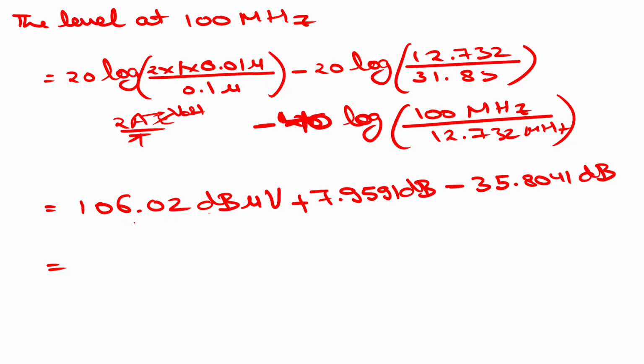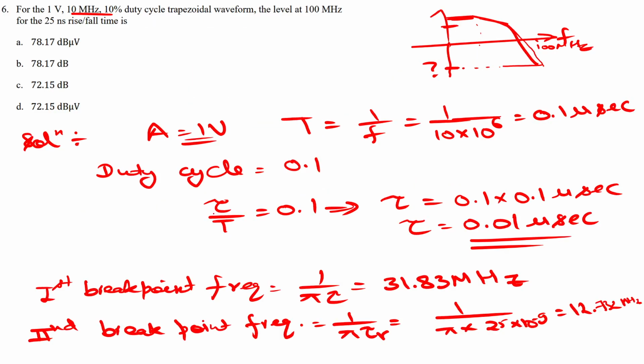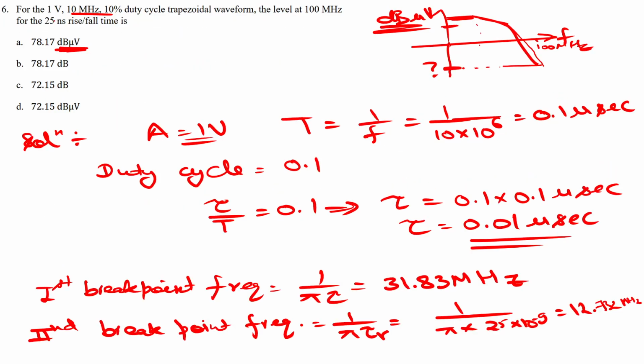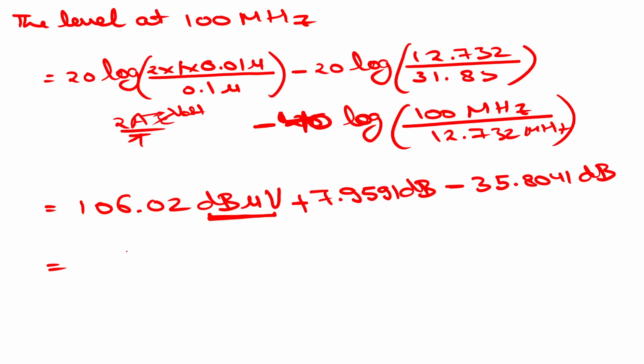So you have to be very careful about the units. The final answer should be in this, because it is asking about the spectral level, right? And the spectral levels are in dB microvolt here. So the final answer will definitely be in dB volts, it can be micro, milli, or anything, but based on the given values, the answer comes out in microvolts.